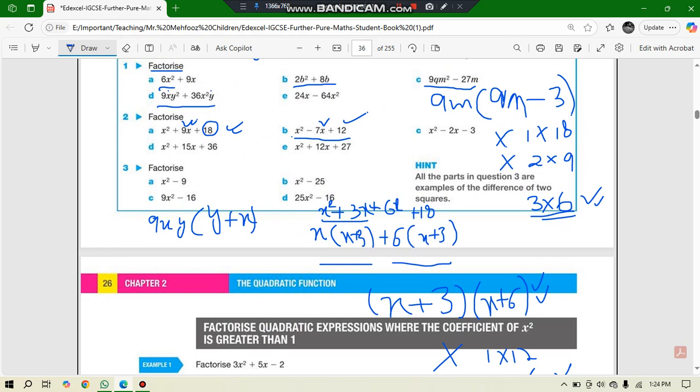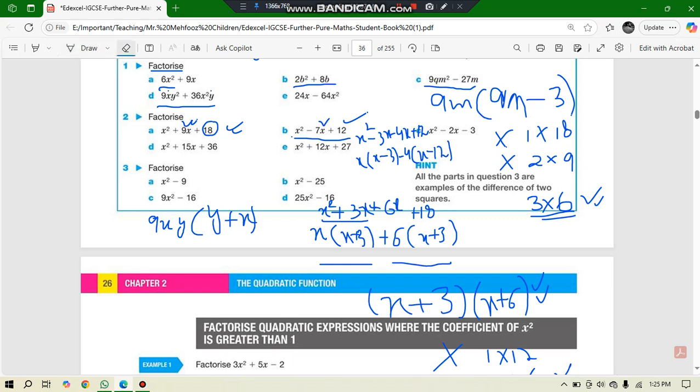So again we can write it as x square minus 3x minus 4x plus 12, where the 12 is as it is. If we take x common, it becomes x minus 3, and when we take minus 4 common, your answer will be x minus 3. Sorry, this is not 12 when we take 4 common.